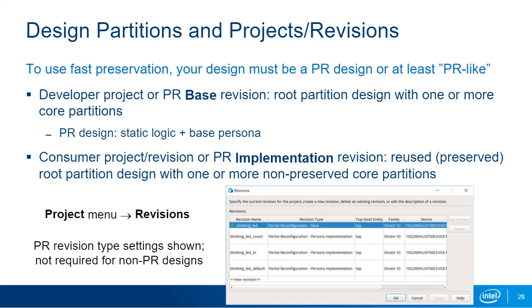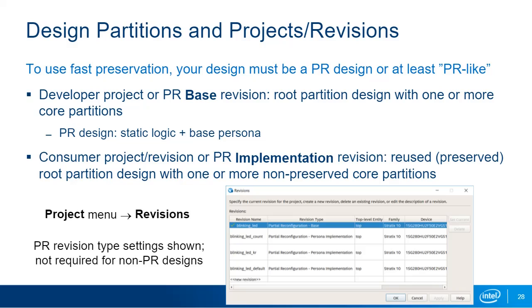For each entity in the design hierarchy that is to be recompiled quickly using fast preservation, that entity must be specified as a non-preserved design partition in the PR base revision or developer project, as well as in any PR implementation revisions or consumer project or revisions.